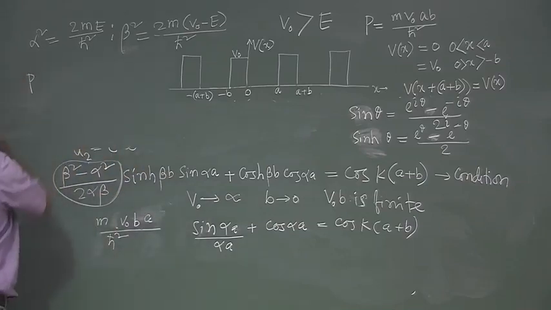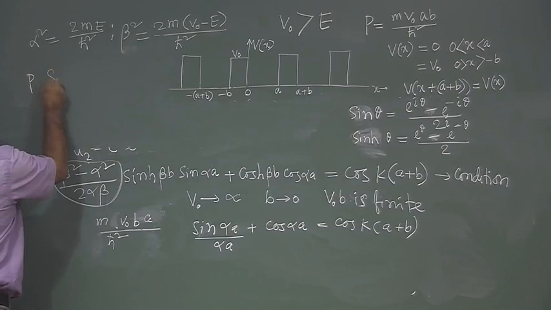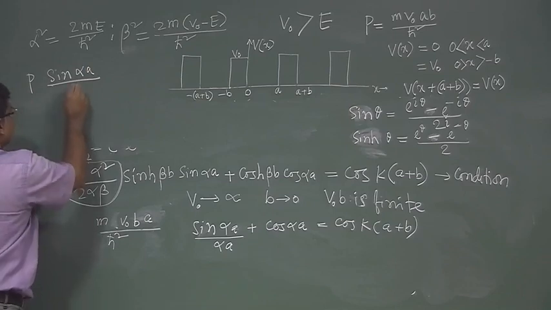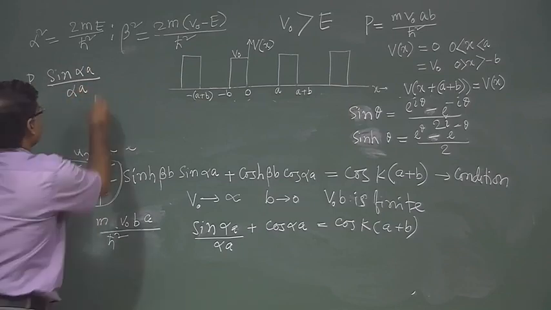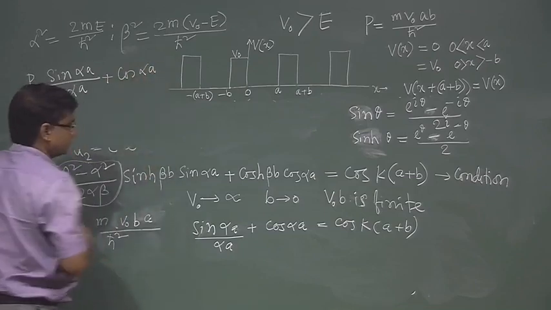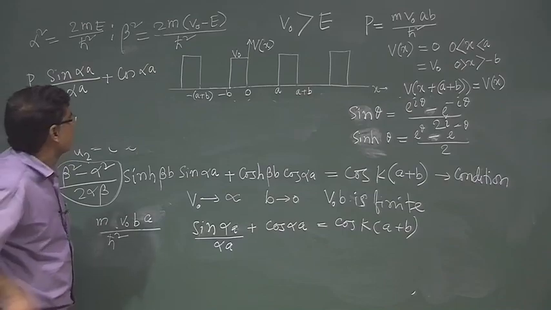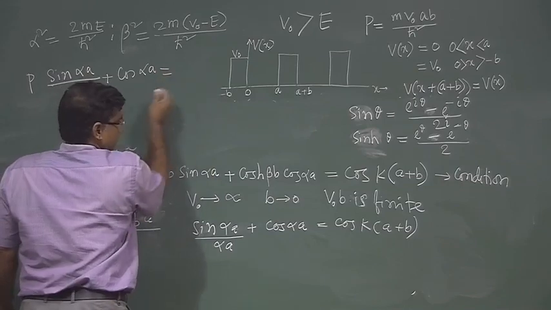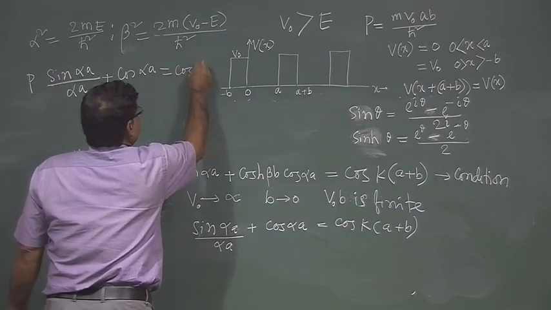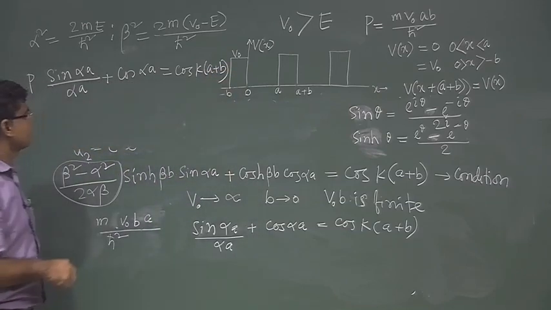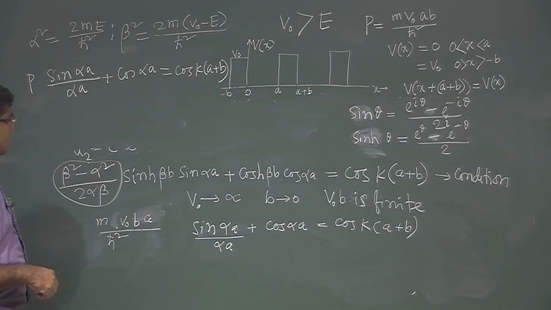We got p sin alpha a by alpha a plus cos alpha a equal to cos k a plus b, right.